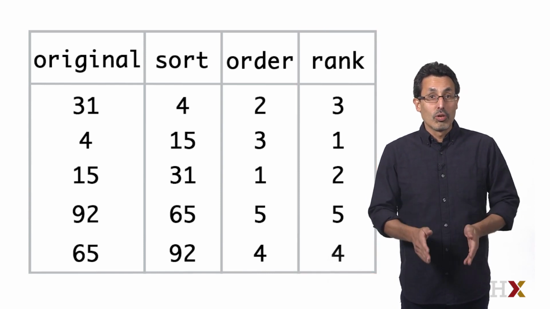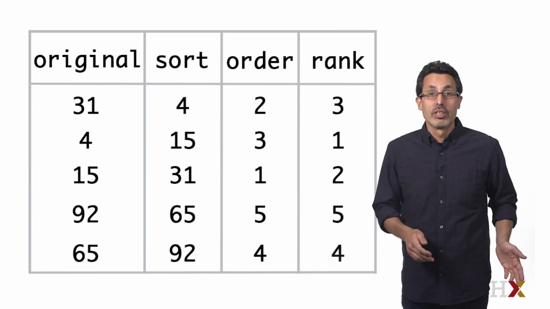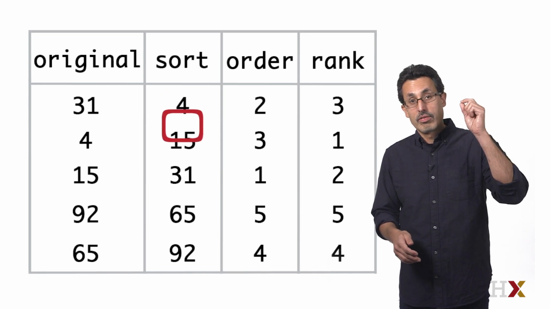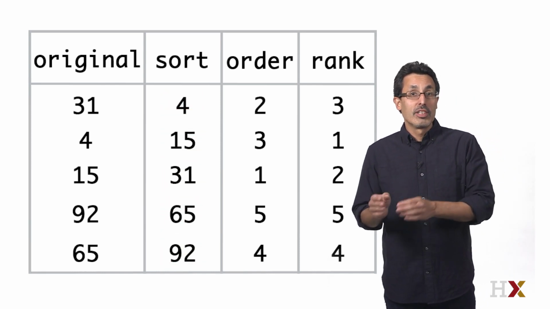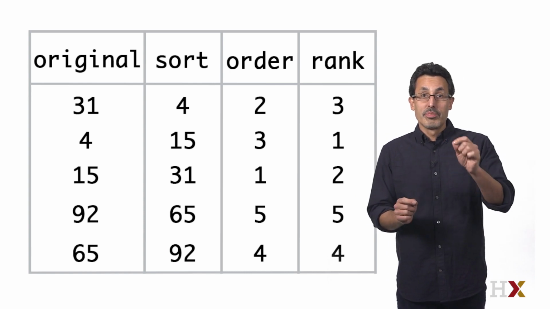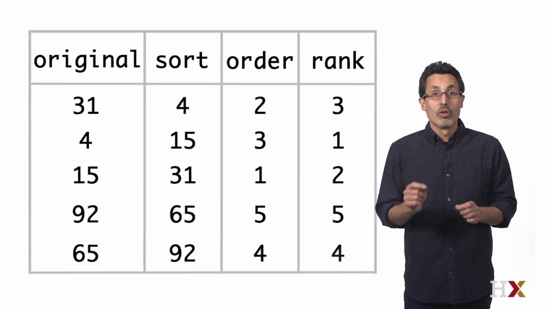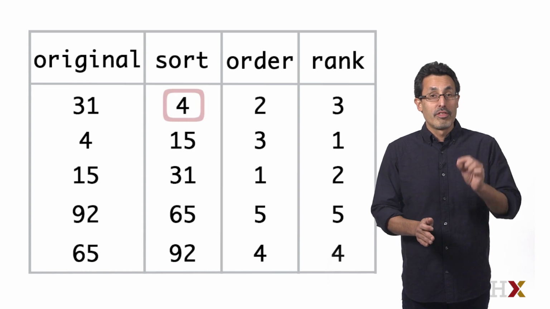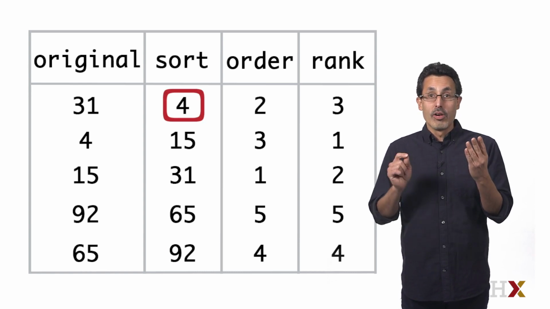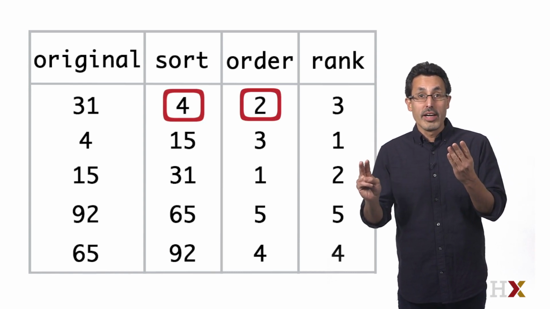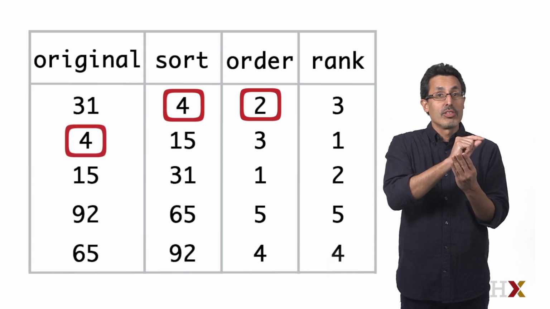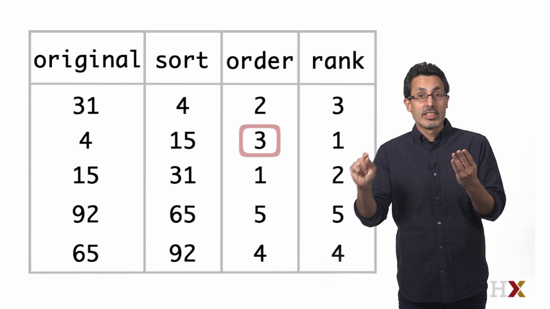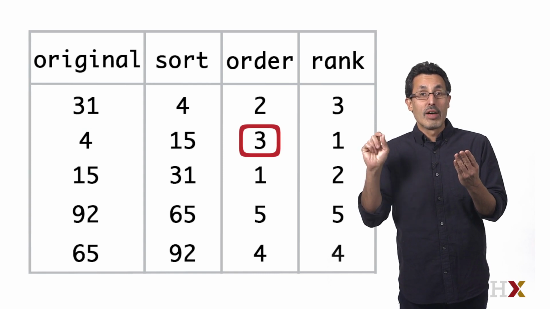Notice that the sort column simply has the original sorted. So we have the values going from the smallest to the biggest. Order, again, gives us the index needed to obtain the sorted data. So because in the sort column the first entry is a 4, in order we have 2. Why? Because if we go to the original, we need to go to the second entry to get that 4. In the second row of order, we have a 3.